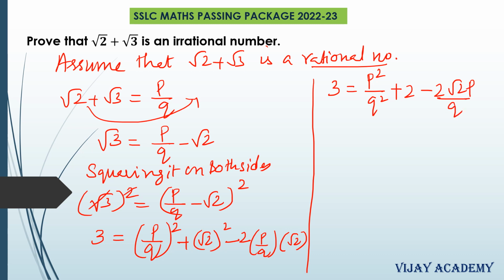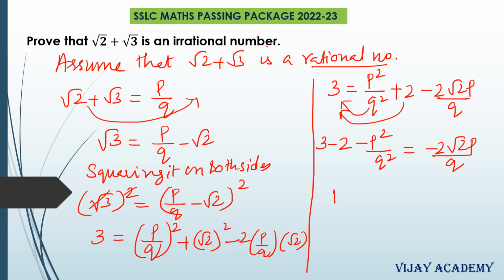Let us transpose p square by q square and also 2 to the LHS. We get 3 minus 2 minus p square by q square equals minus 2 root 2 p by q. So 3 minus 2 is 1, so we can write this as 1 minus p square by q square equals minus 2 root 2 p by q.